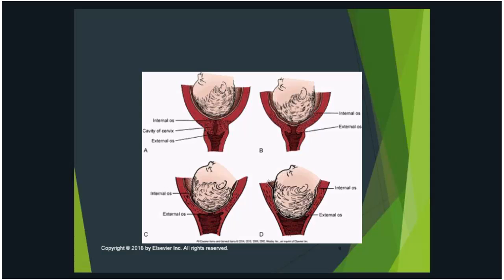The external os is most likely 80% effaced. And then you have D, where the cervix is a 10 with 100% effaced, meaning there's nothing there. That's completely, the thinning of the cervix is finished. And the baby is most likely in +1 station.